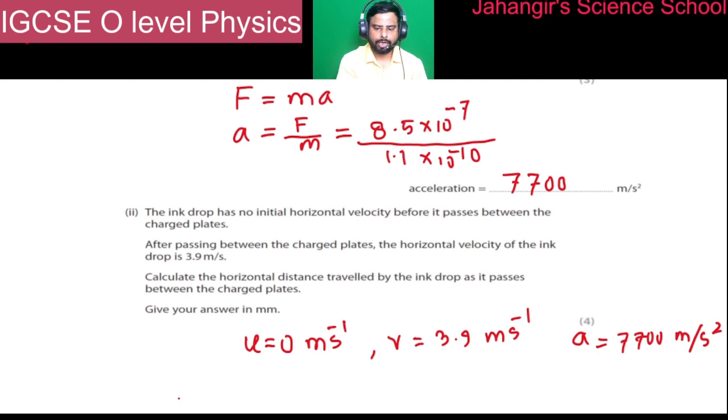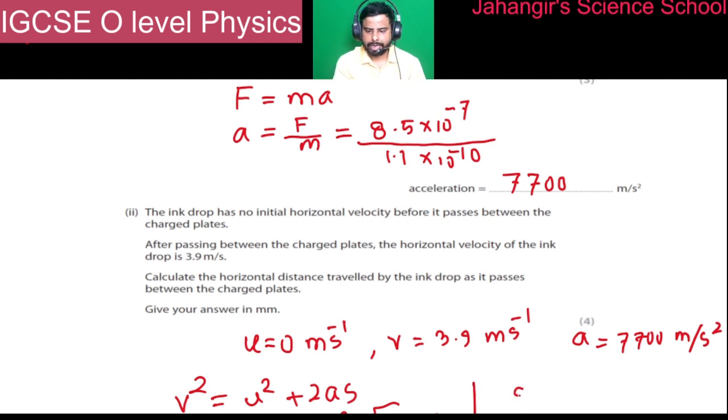So we have to find out the distance. v squared equals u squared plus 2as. So 2as equals v squared because initial velocity is 0.